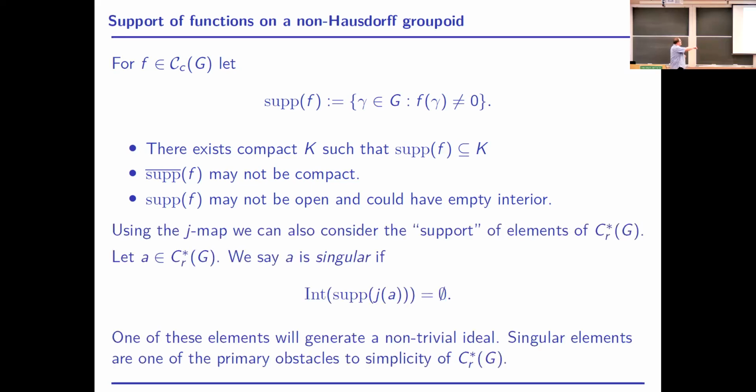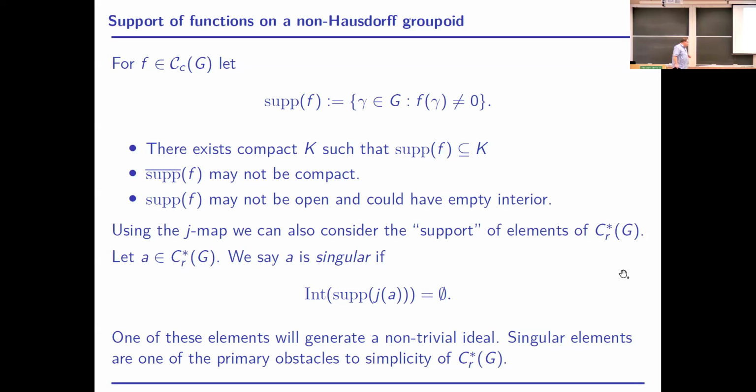So using the J-map, we can also consider the support of elements of a reduced C-star algebra. So let a be in the C-star algebra, and we say a is singular if the interior of the support of J(a) is empty.